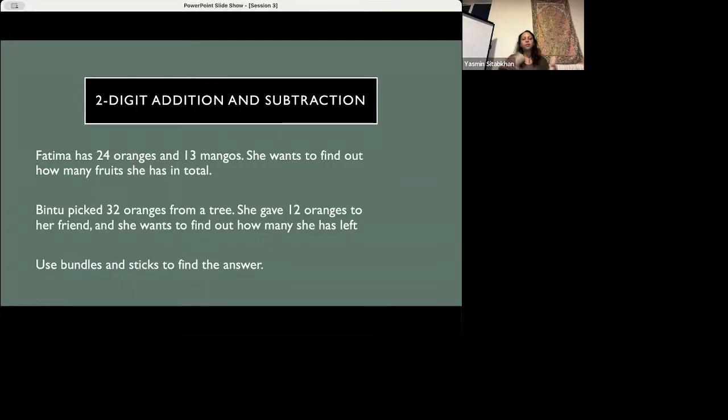The next step in that is to start modeling it with bundles and sticks. So we don't want to go straight to the written algorithm. We want to model it with these types of manipulatives so that students get a sense of what it looks like, what the process of using place value is when you're adding and subtracting.